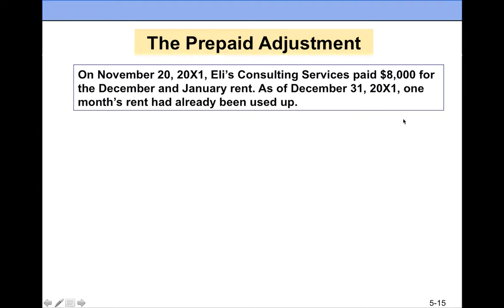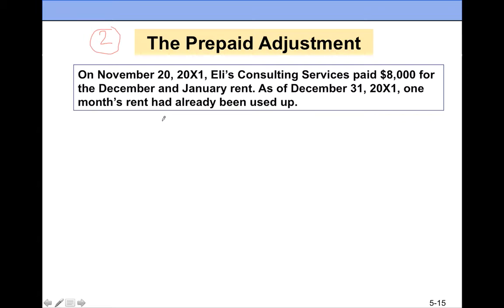The second type of adjustment is for prepaid expenses, and it could be prepaid rent, prepaid insurance, or prepaid advertising. The idea is the same. If you think about supplies, we pay for them first, we prepay them, and then we defer the use of supplies until later, so we expense them out later.